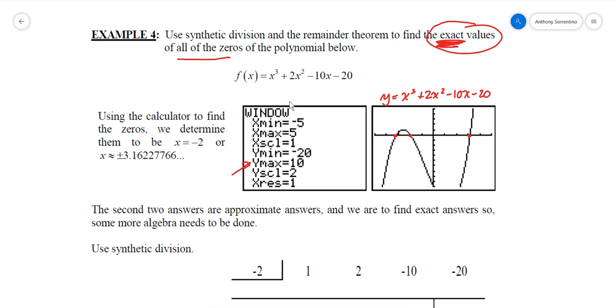So I'm using those facts that we've mentioned in previous lessons to establish that, yes, these are the only zeros I expect to see. Now, if I'm using the calculate menu, I find out, as this mentions here, this is my x equals -2.